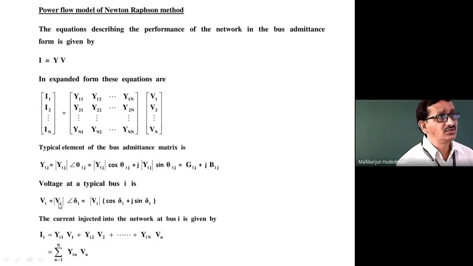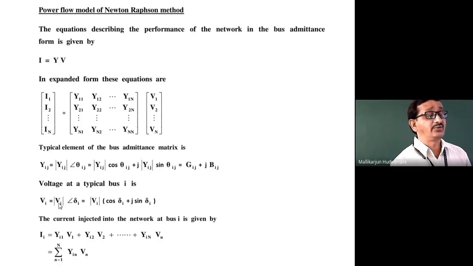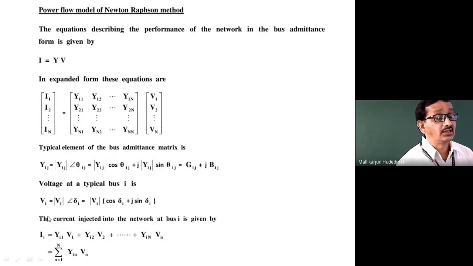What may be the reference? Zero, which the reference stands for with respect to the vectorial representation of these voltages. With respect to that reference, it is standing delta i away from that reference. So, if I expand this to get the complex representation in rectangular, I get Vi cos delta i plus j Vi sin delta i, like Yij.